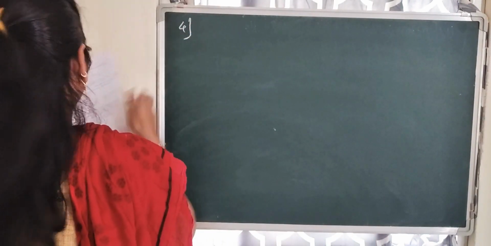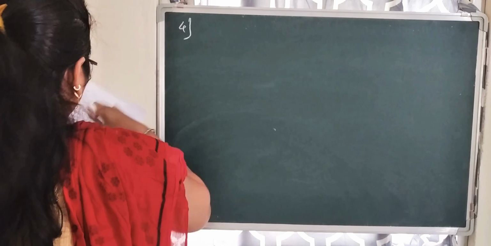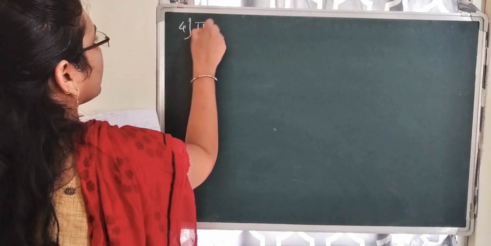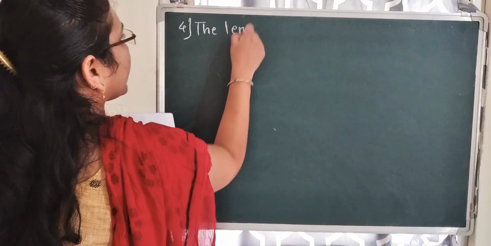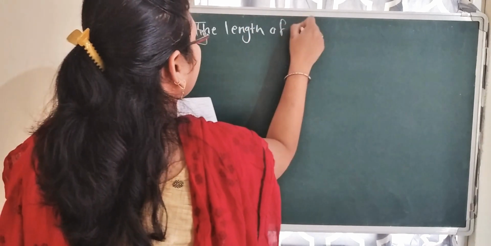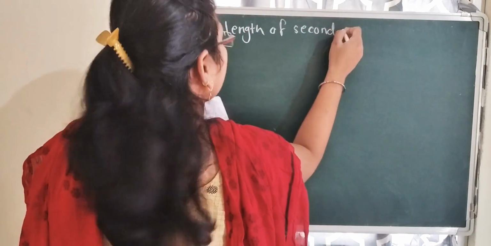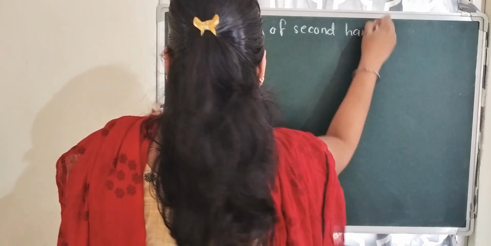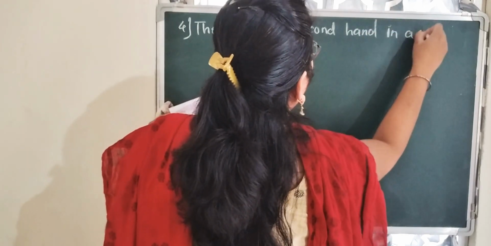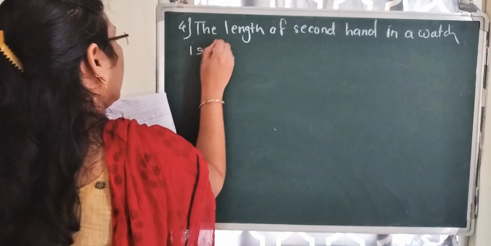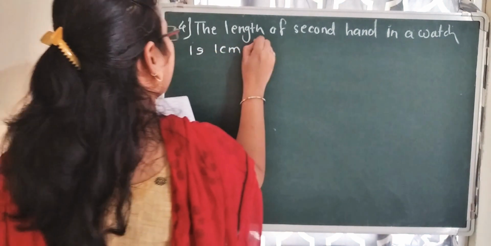Fourth question. The length of the second hand in a watch is 1 centimeter.